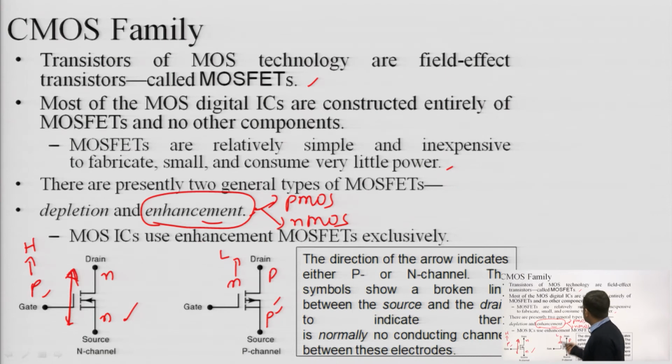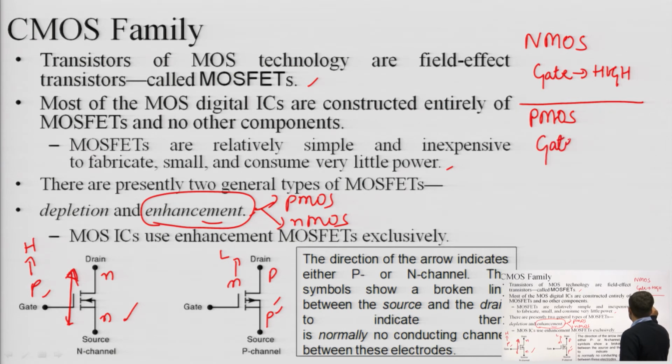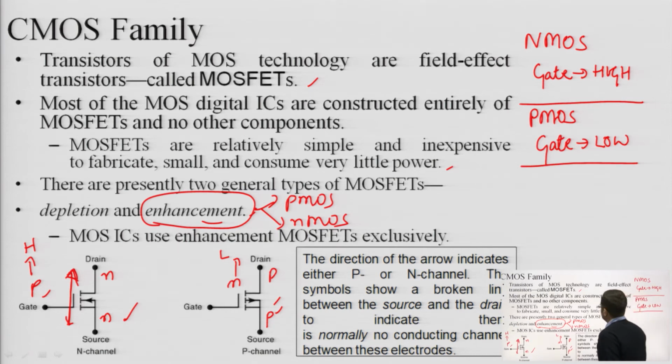So we can summarize that for NMOS the gate should be high, and for PMOS the gate should be low. Okay.